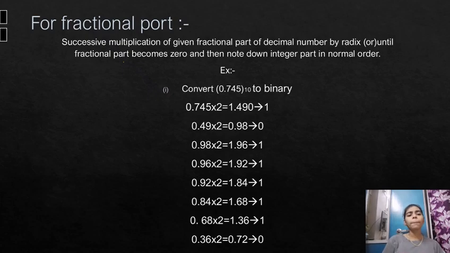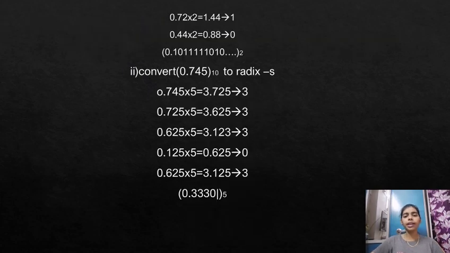As an example, convert 0.74 base 10 to binary. 0.74 times 2 is 1.48, and we consider the number before the point, 1, and again we multiply the fractional part by 2, and so on. The answer is 0.101111101.